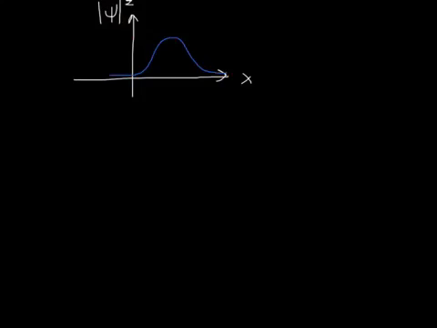Well, let's look at a region of space here in the middle of that graph. So somewhere in this region here. So between this value of x and this value of x. If we look at that region right there, that region has a width, maybe we could call it delta x. Or if you want to think about it being infinitesimally small, you could write something like dx, some infinitesimally small distance.